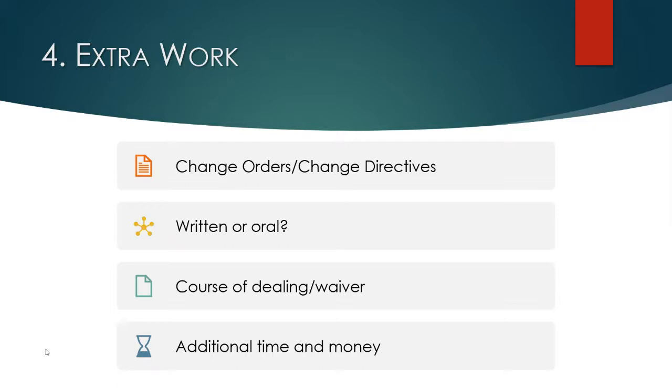Certainly, when it comes to change orders, the parties can change what's in the contract, even if the subcontract says they can't. Emails and things like that, requesting additional work, can serve as a change order. So be on the lookout for those types of written communications which may alter the parties' rights vis-a-vis extra work.